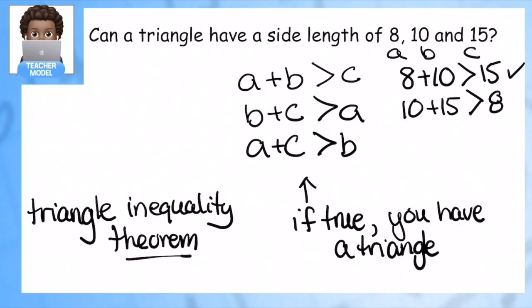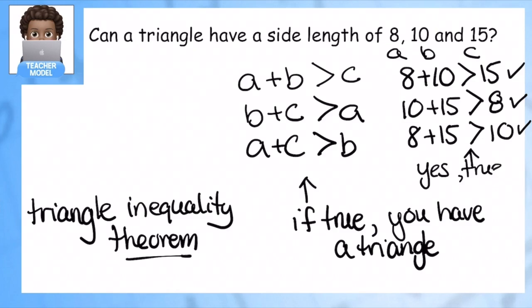Duh, 25 is absolutely greater than 8, so that one is true. Let's do the last one. So I just take the last two numbers, 8 plus 15, are they greater than 10? Yes, 23 is greater than 10. So this satisfies the triangle inequality theorem. Hit pause and jot this down into your notes.